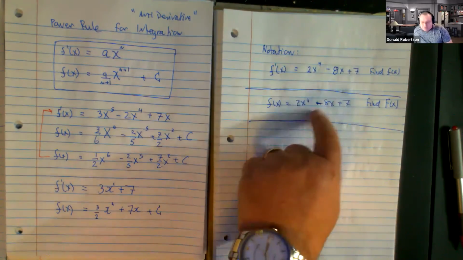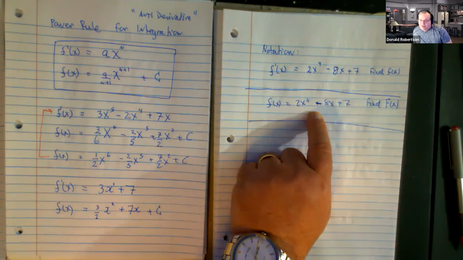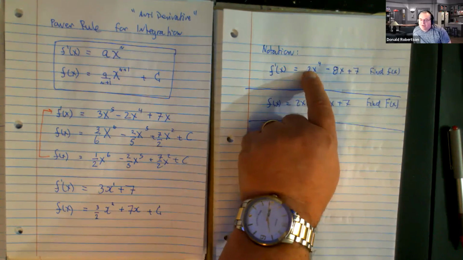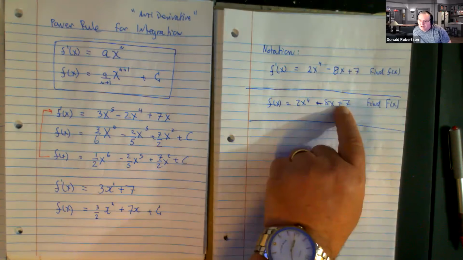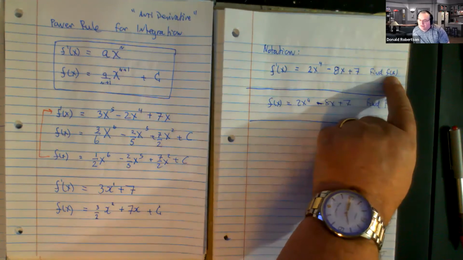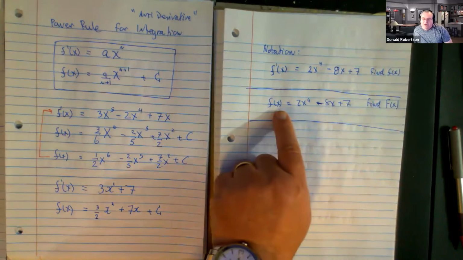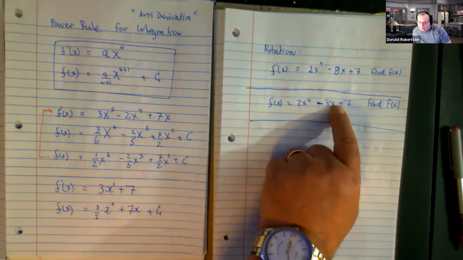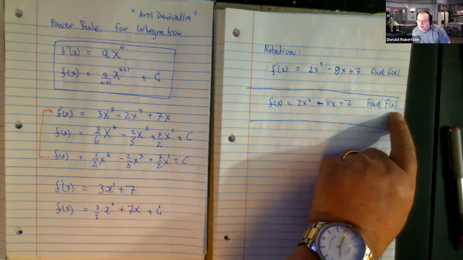Both these are really telling you to do the same thing. They're telling you to find the antiderivative of this guy. Now notice how one of them works. They tell you the derivative and they ask you to find the original function. In the other case, they say, look, here is a function, find the thing that's called the antiderivative.